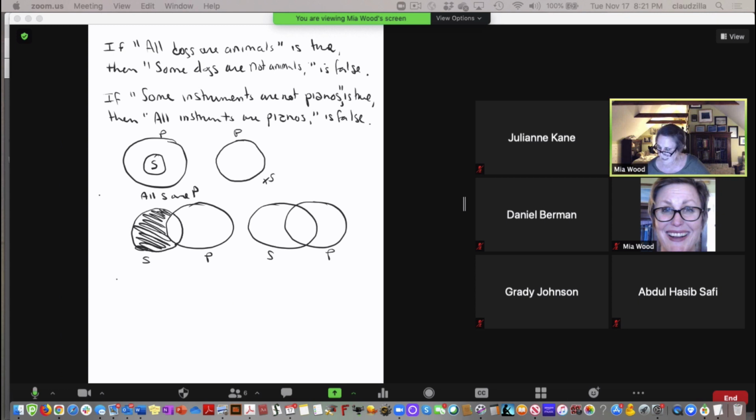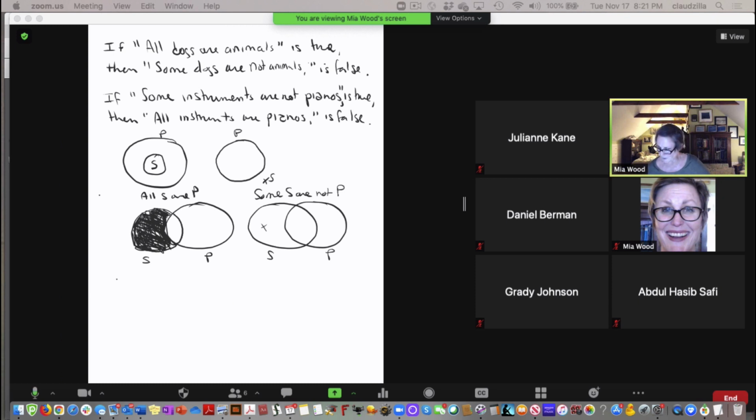Now, if I say some S are not P, notice what I'm doing. Here, I'll put an X. There's an S that's outside the P class. Notice that I've just contradicted what I've said, which is that you can't put anything in the shaded area because there is no area to mark. So when the universal affirmative is true, the existential negative is false, and vice versa, because they're contradictories.